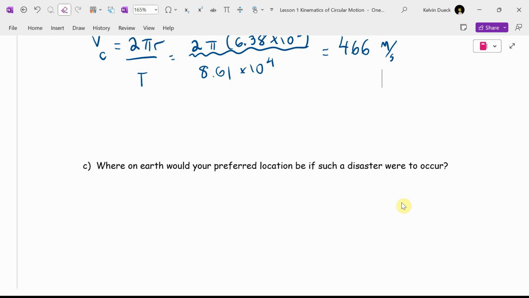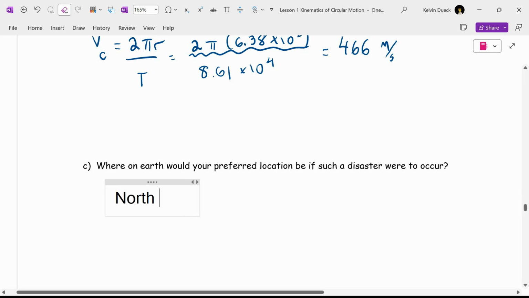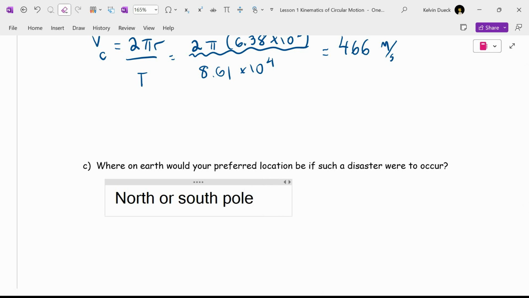We do have a permanent settlement on the South Pole. So, yeah, your preferred location would be North or South Pole. In fact, if this did happen, the people on the South Pole, their only inkling that something had gone wrong would be when radio messages weren't getting returned. That's odd. What's going on here? Okay. Even if you were a few kilometers, even if like 100 kilometers from the South Pole, you almost certainly wouldn't notice much at all.